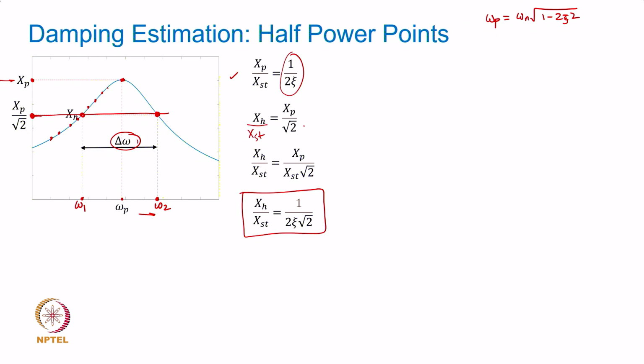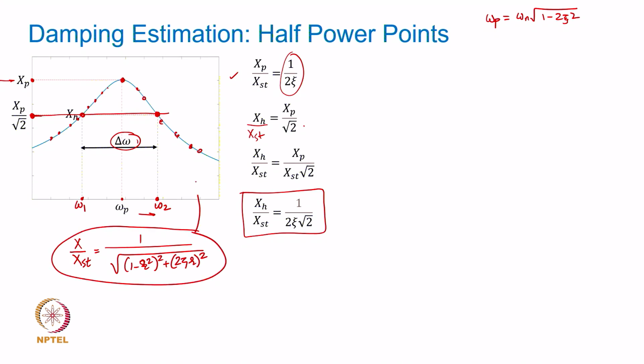Now, all the points on the response curve follow the same expression that we have got, 1 over the square root of 1 minus r square whole square plus 2 zeta r whole square. This expression is valid for all these points, so it will be valid for this point also.